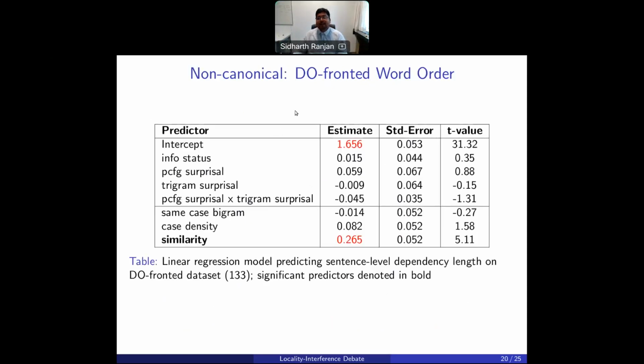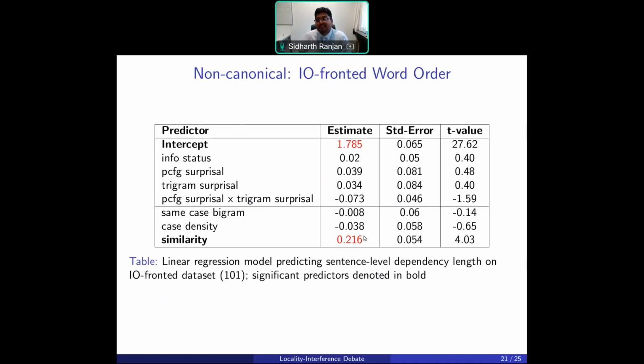So here is our result for non-canonical constructions, the DO-fronted word order, and we found that for DO-fronted sentences, semantic similarity captured by the cosine similarity metric is the only significant predictor of dependency length. And we find a similar result for IO-fronted, indirect object-fronted sentences as well.